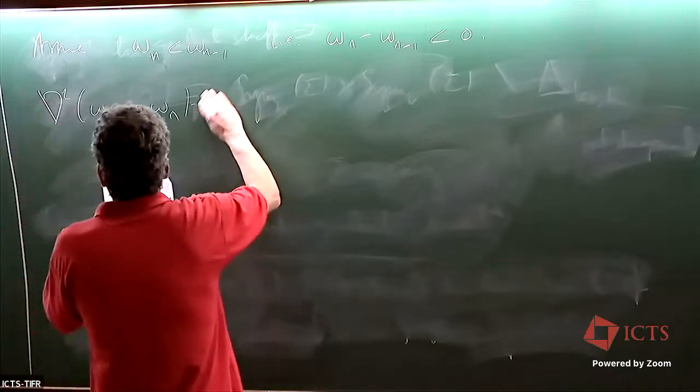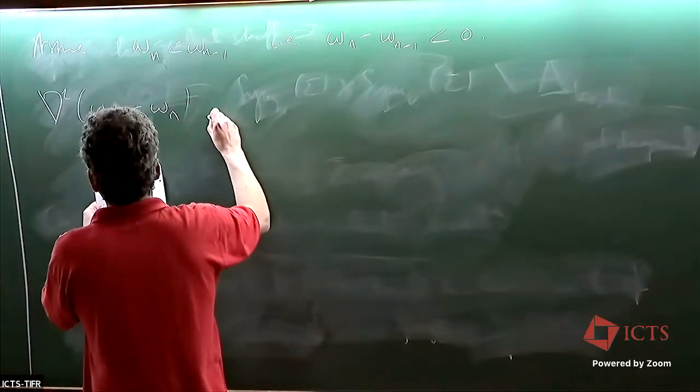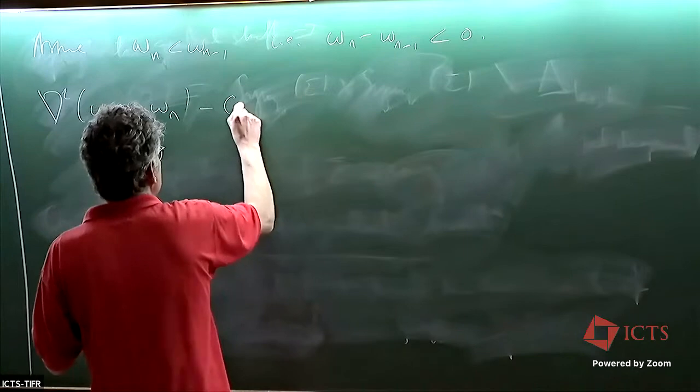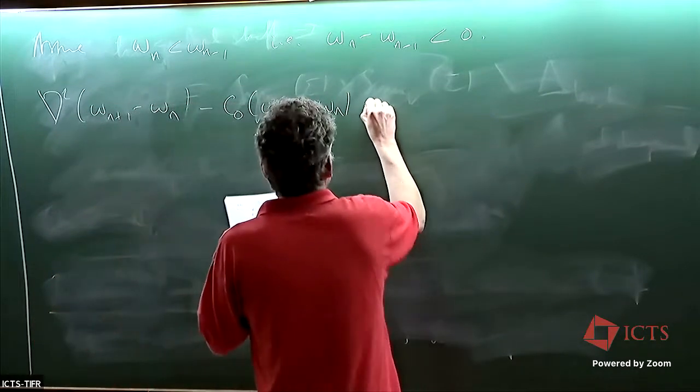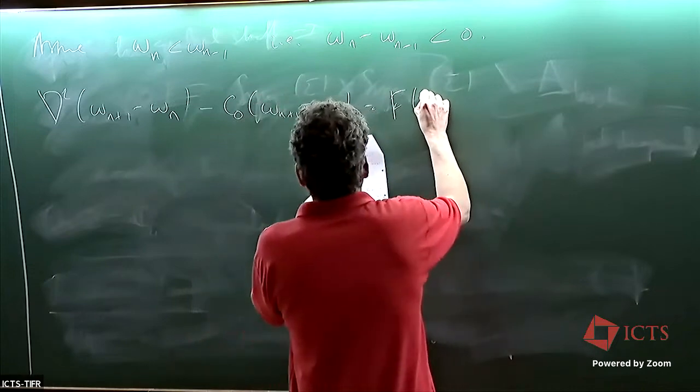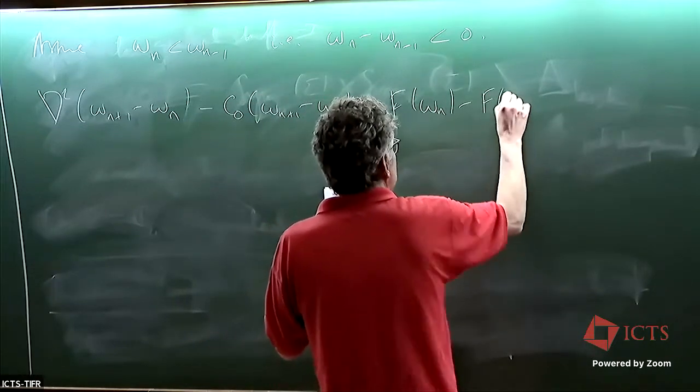Okay, so just by taking this PDE and subtracting off the same PDE but with n replaced by n minus 1, we get that del squared of W n plus 1 minus W n, minus C0, right, is equal to f of W n minus f of W n minus 1.